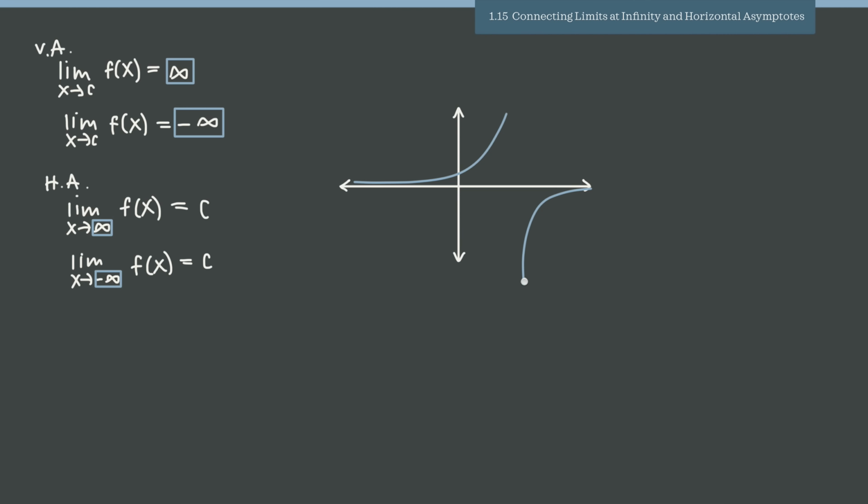So it looks like there's some vertical asymptote here, but there's also a horizontal asymptote along the x-axis. So the end behavior of the function, what the graph is doing at its endpoints over here on the left and over here on the right, is approaching the x-axis, which is the line y equals 0.